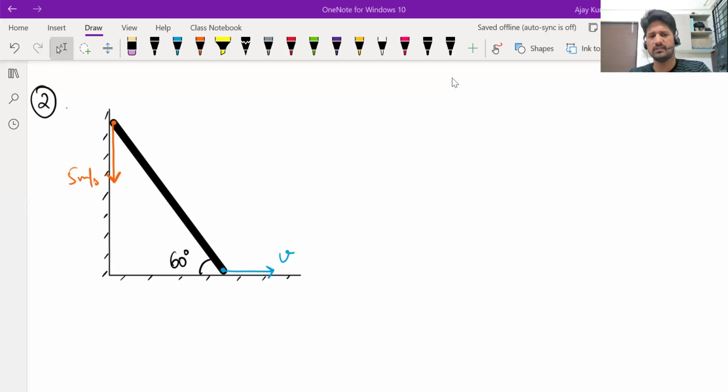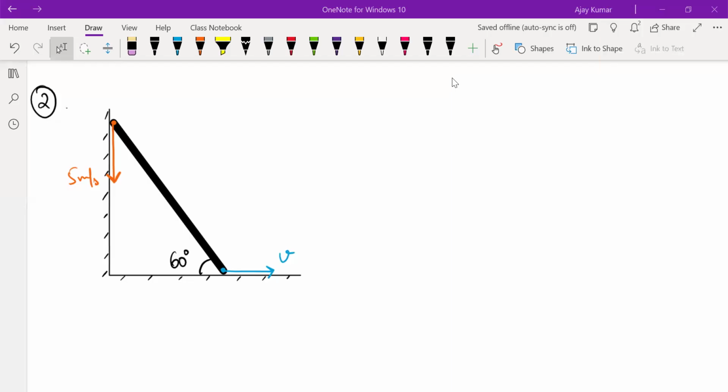Okay, 5 root 3 I think is correct. We have to use the same idea again: the velocity components of two particles along the line connecting them must be equal. If this angle is 60, the other angle will be 30 degrees.